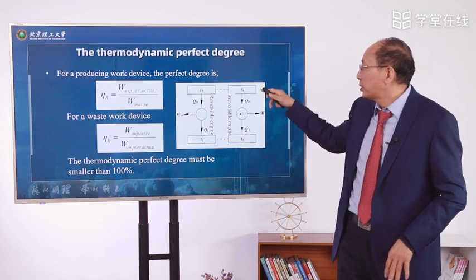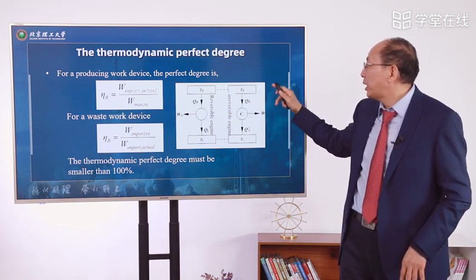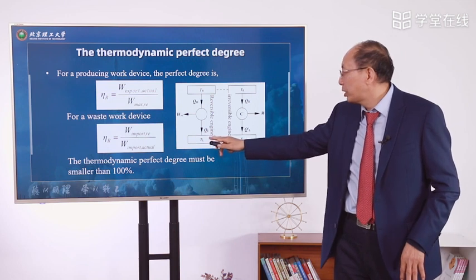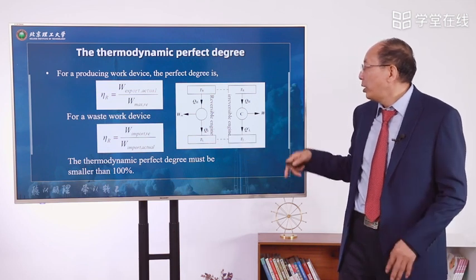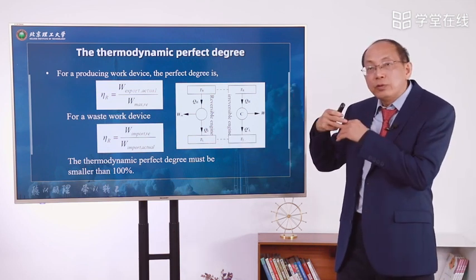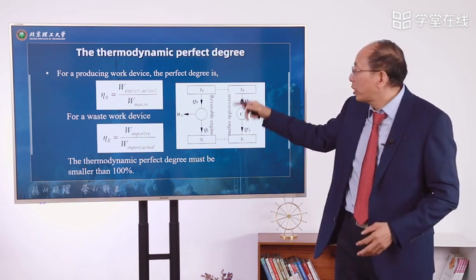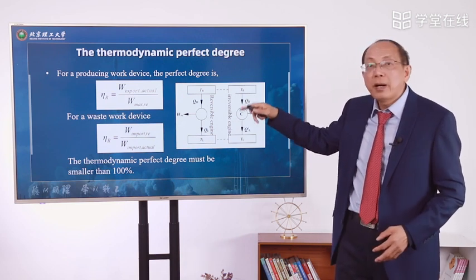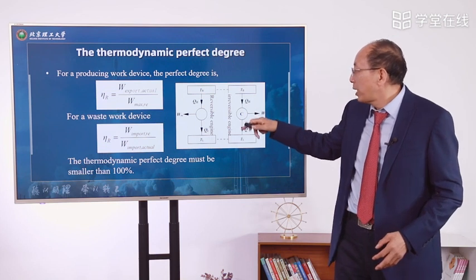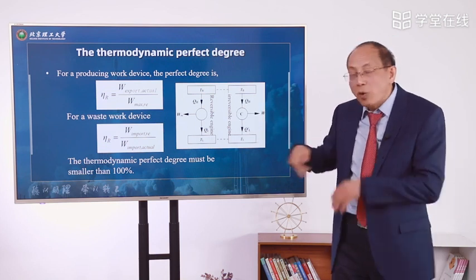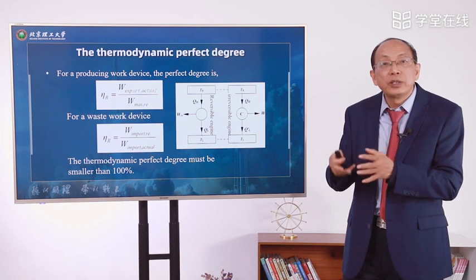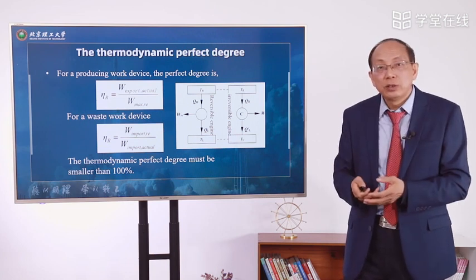The picture is like this: the high temperature TH, the low temperature TL. If a reversible engine works between the temperature reservoirs, the work W_RE certainly is larger.